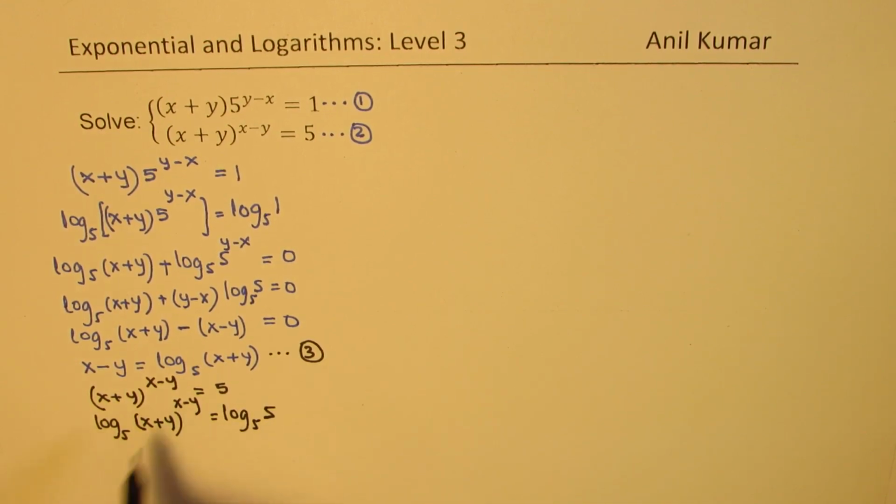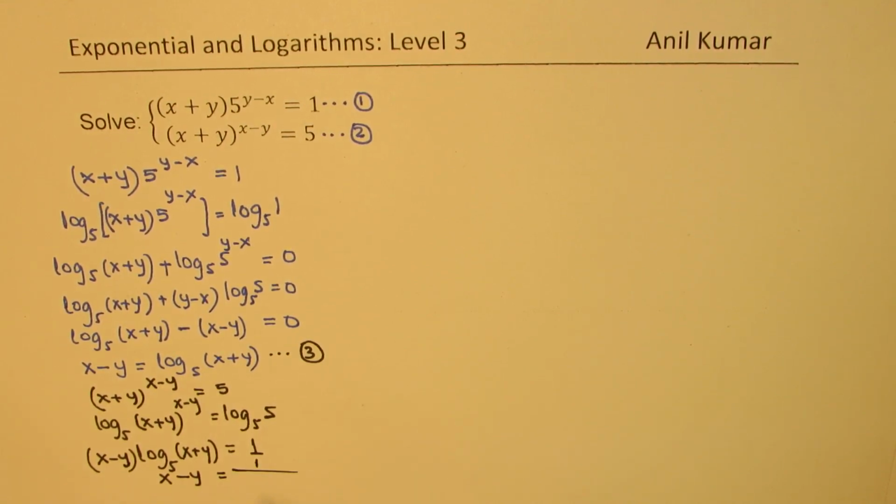Now that is 1, and this is x minus y times log to the base 5 of (x plus y) equals 1. So from here we can say that x minus y is 1 over this, right? So we can write here x minus y equals 1 over log to the base 5 of (x plus y), correct? So that becomes our equation number 4.